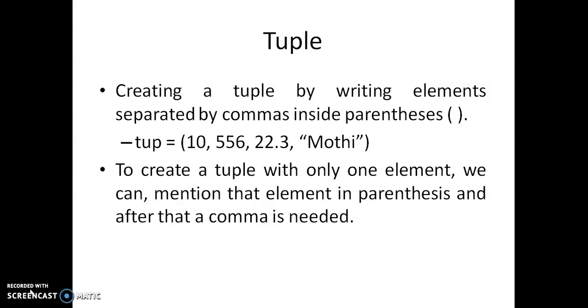If you want to create a blank tuple, you can give blank round brackets. And if you want to create only one element within the tuple, we give the one value within the brackets, and after giving that one value, you need to give a comma. That is the first element in the tuple, which we represent with the element followed by a comma.